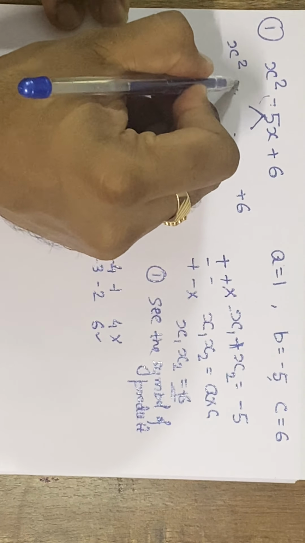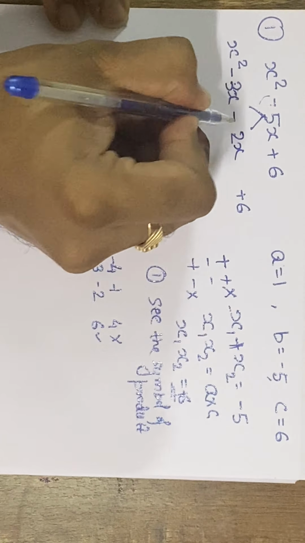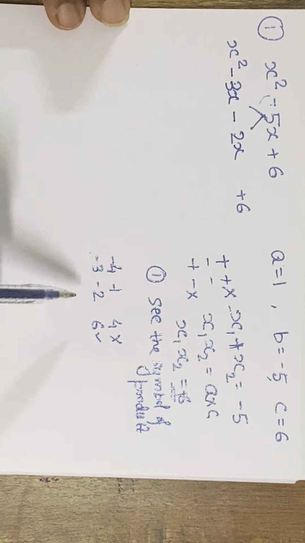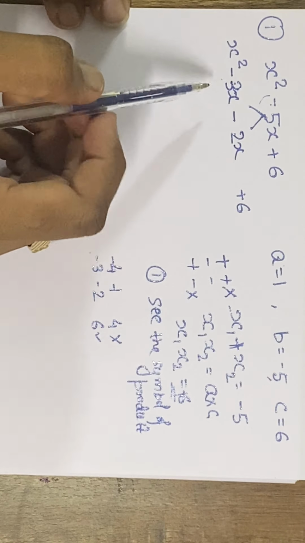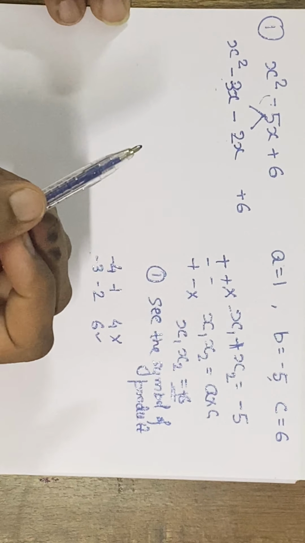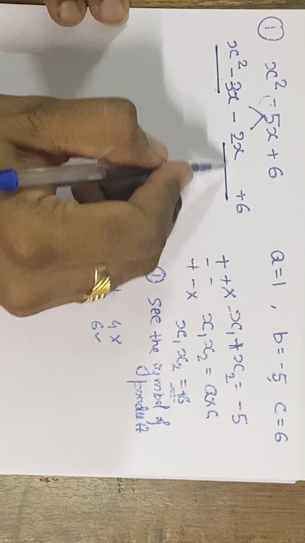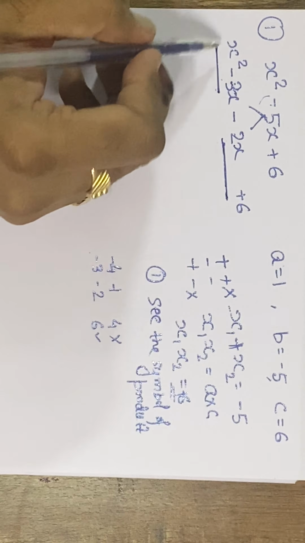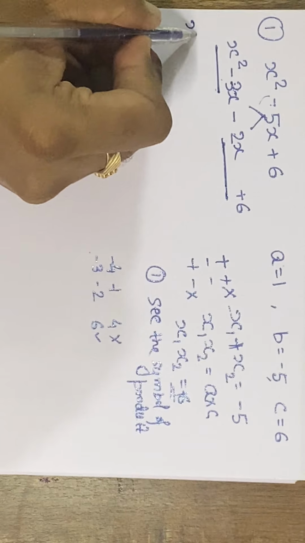So we can write here 3x and 2x, both as minus. In this way, we find how the splitting works: what are the two numbers which we can split b into? Now, take the first two terms and these two terms separately. Try to solve this. If you see here, x is common.